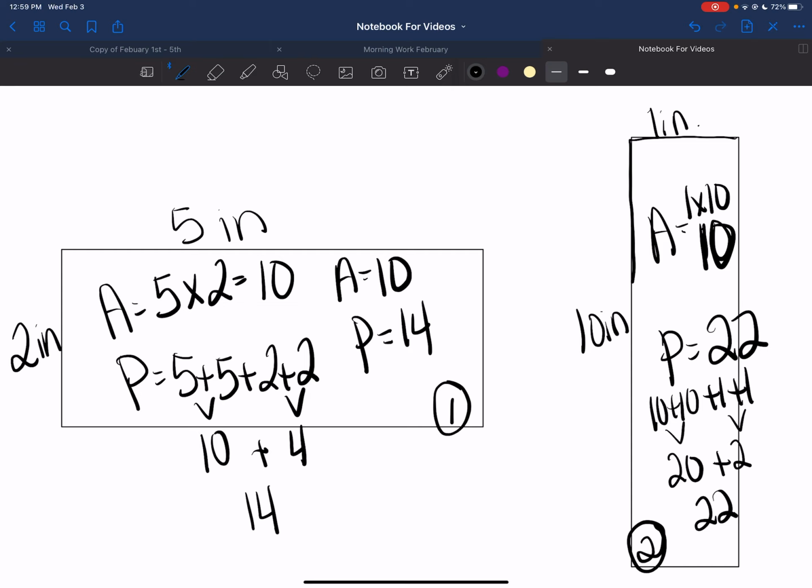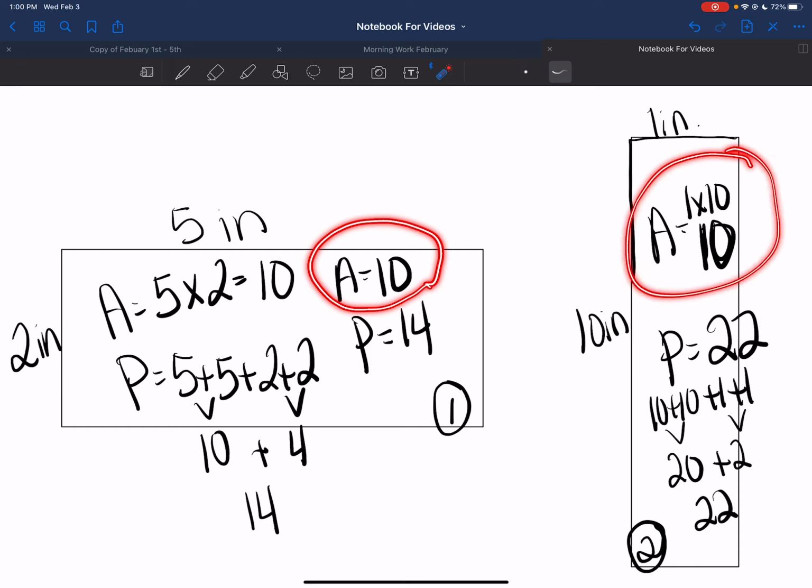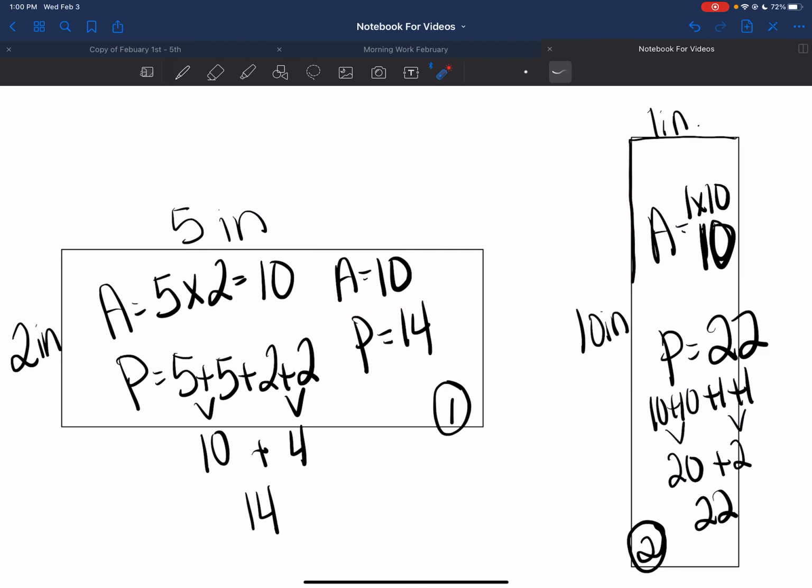Now, if I'm comparing these two rectangles, I can see that the area of both of these is 10, but the perimeter, P, of rectangle 1 is 14, and the P of rectangle 2 is 22. So rectangle 2 has the bigger perimeter.